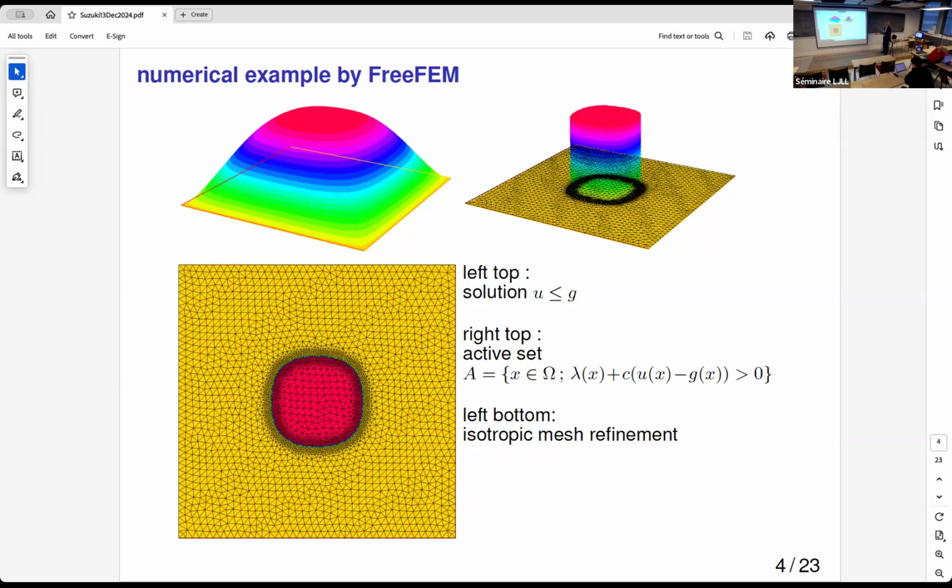If I can combine mesh refinement with watching the smoothness of the Lagrange multiplier, I can define a mesh and get a better solution.